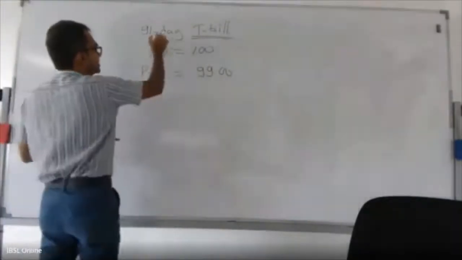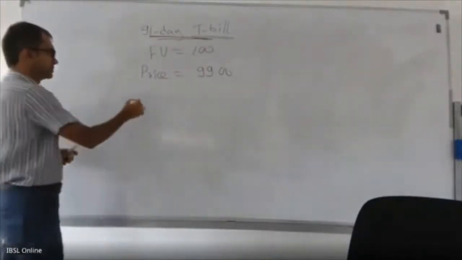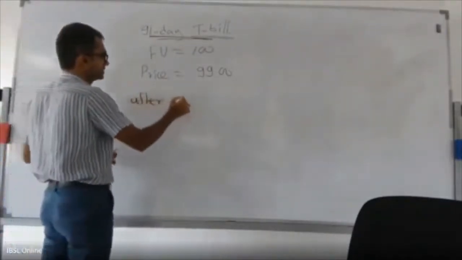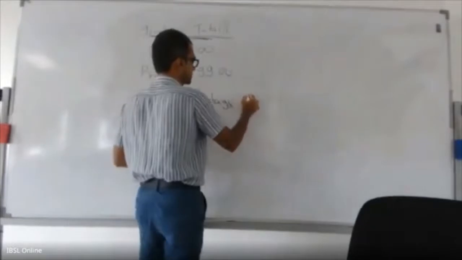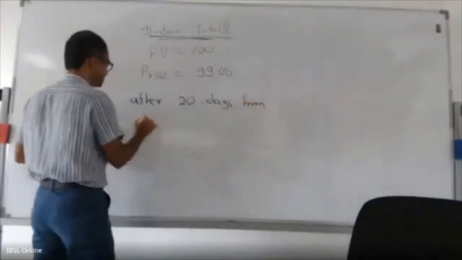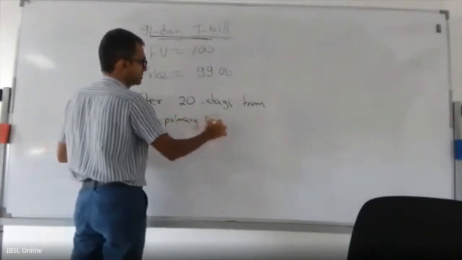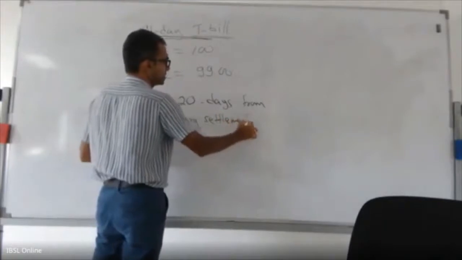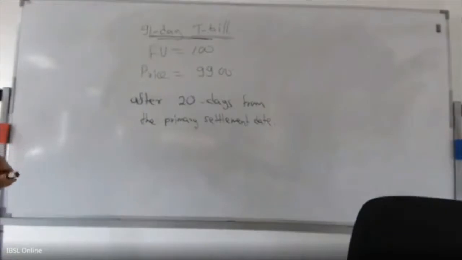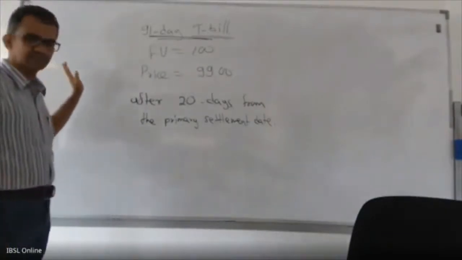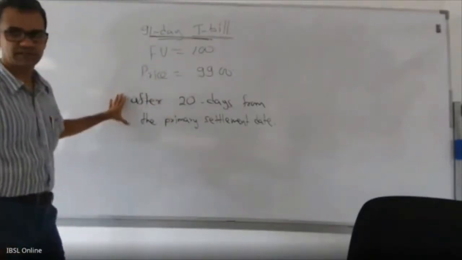It is a 91-day treasury bill, but you buy it from the secondary market after 20 days from the primary settlement date. What does it mean? It was issued for the first settlement 20 days before. Now we are going to buy it from the secondary market.